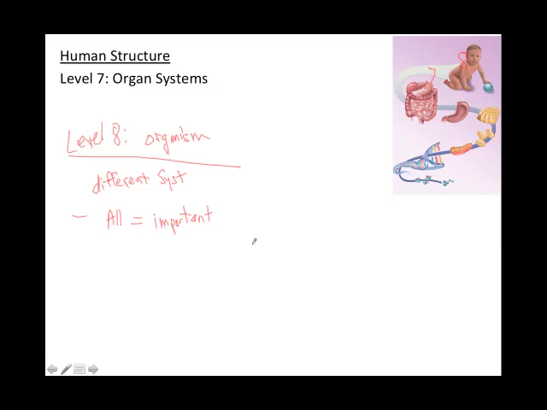We need all these systems to work together to create a healthy living organism. And that leads into a topic I'm going to be talking about shortly, called homeostasis. It basically looks at how the different systems are working together and how they respond to changes in the internal and external environment to make sure that these systems are working together.